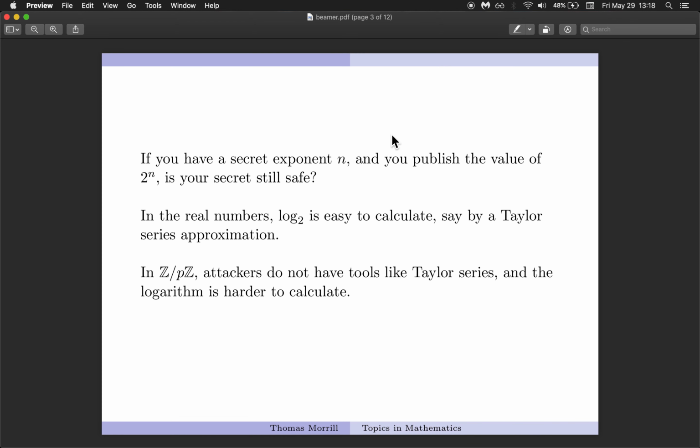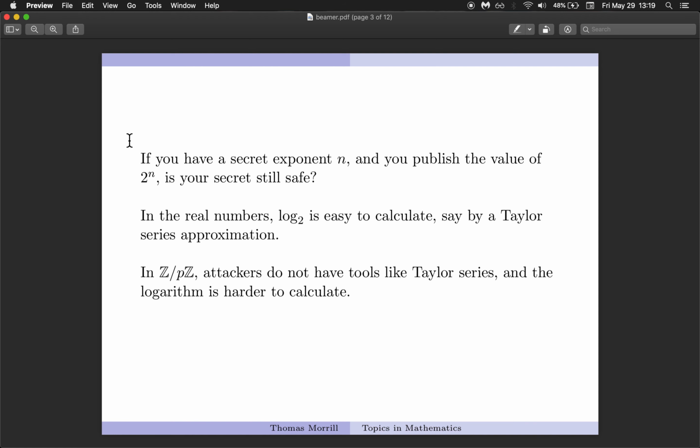Remember that in the Diffie-Hellman key exchange based on exponents mod n, we said that we're going to pick some secret exponent. Here I've used lowercase n as the value of my secret exponent. In the process of performing the key exchange, we would have some generator that both parties agree on.